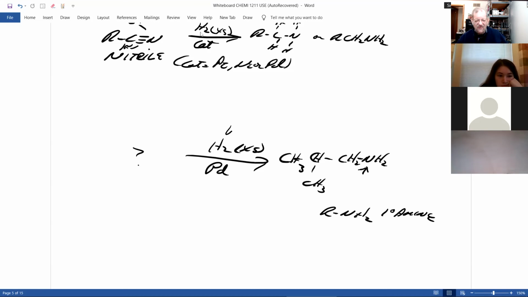But since I see this hydrogen in a catalyst, I can write it this way. Let's call that R prime. And or I could also write it this way.